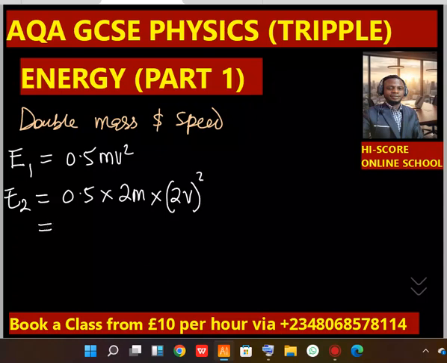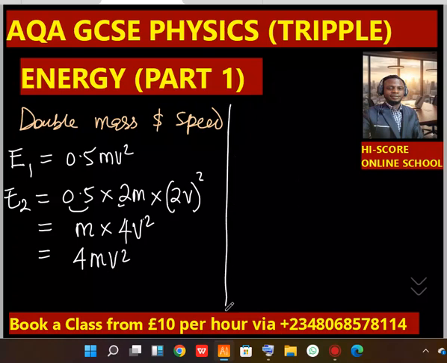This will be 0.5 times 2 is 1, times m, which is m, times 2 squared is 4, v squared, equals 4 mv squared.